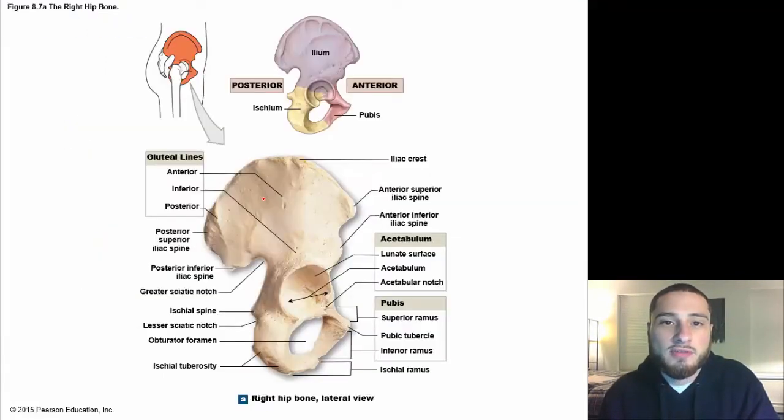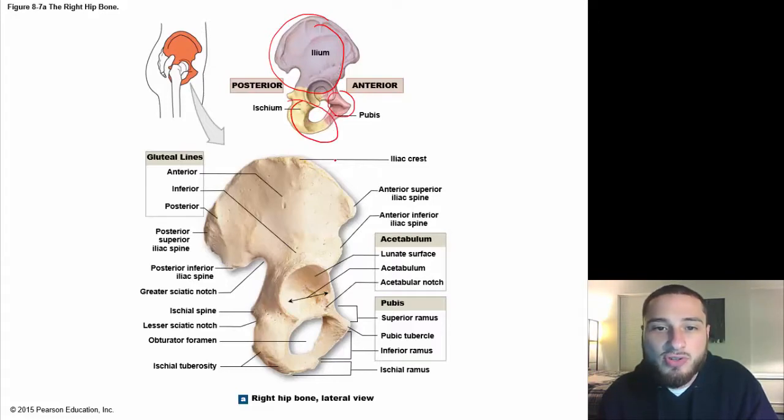We have our coxal bones, or our hip bones. You have this top portion here, which we call the ilium. This front or anterior portion is going to be the pubis, and then this inferior and posterior portion is called the ischium.